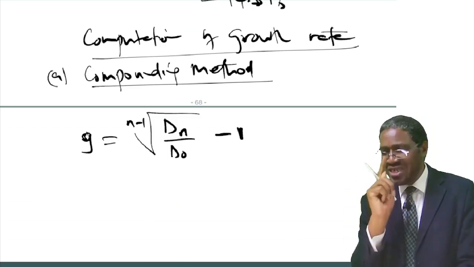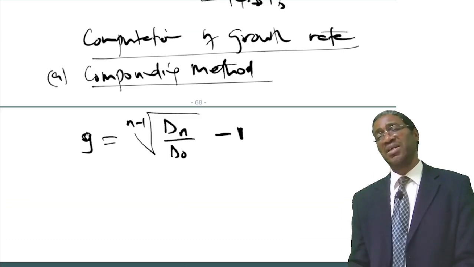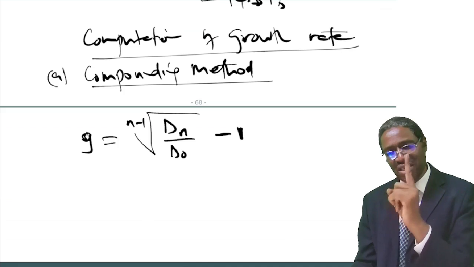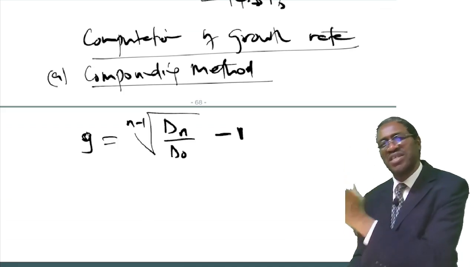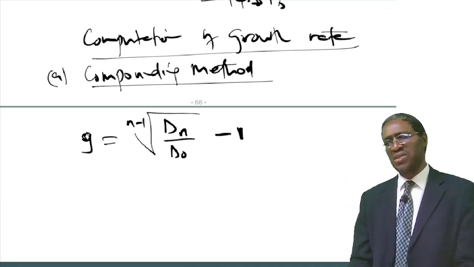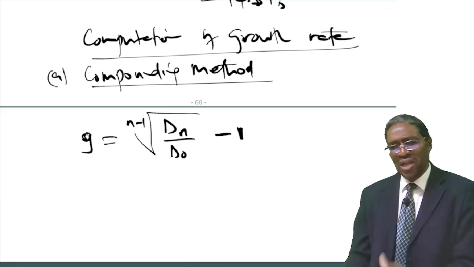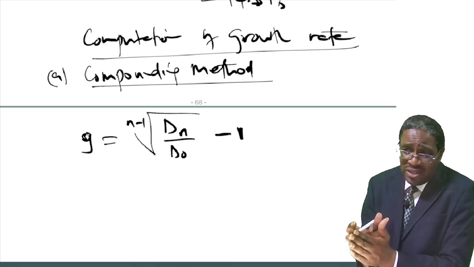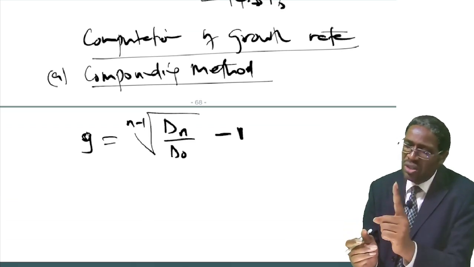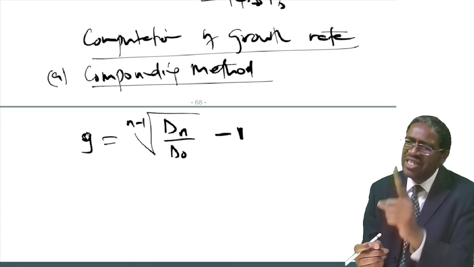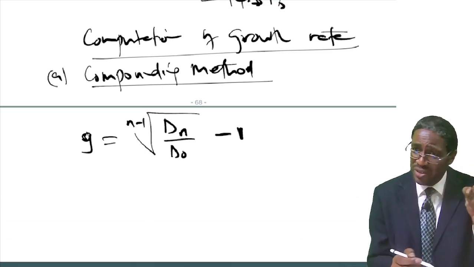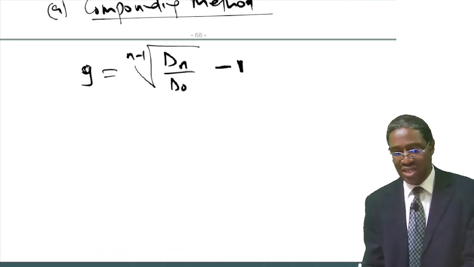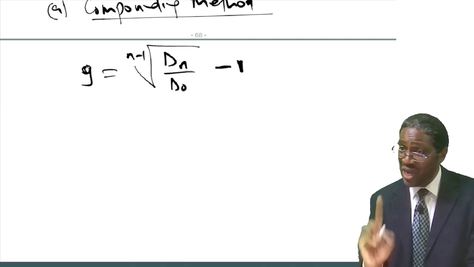Now, Dn represents the latest dividend that has been paid, the most recent dividend. D0 is the first dividend that was paid. Let us assume the company paid the following as dividend.